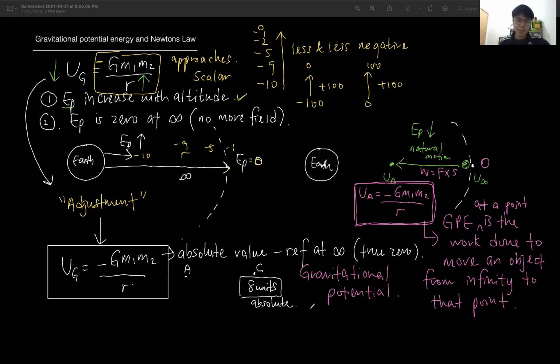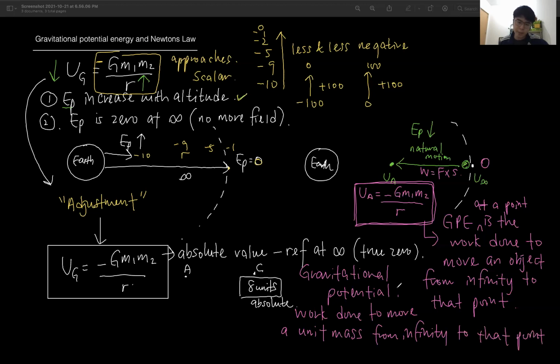So gravitational potential is the work done to move a unit mass from infinity to that point.